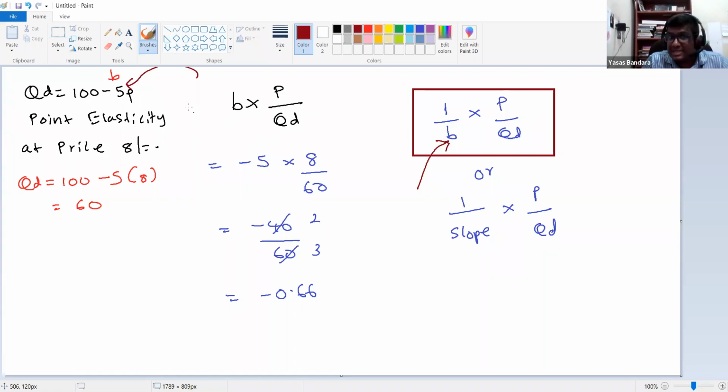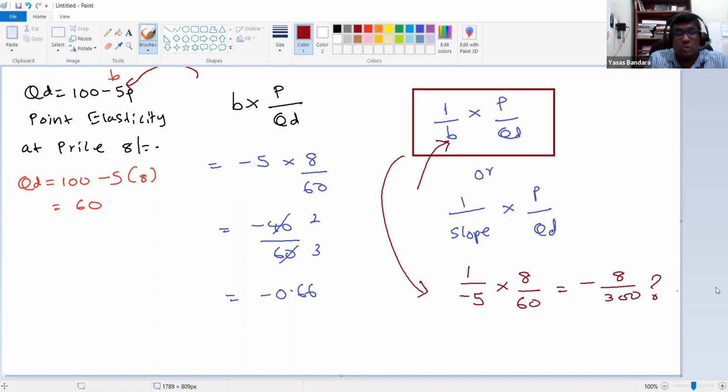Because if the student substitutes the B in the demand equation to this elasticity equation, then the student will arrive at this answer, that is 1 over minus 5 into price is 8 and it is 60. So it is minus 8 over 300, and no, that is not the answer.